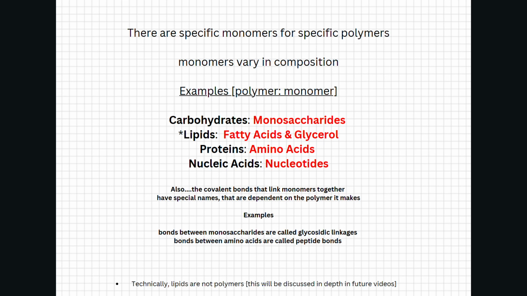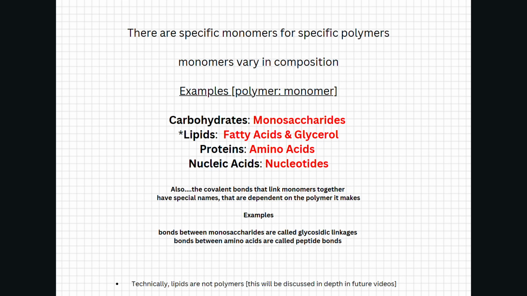Also, it's important to note that the covalent bonds that link monomers together have special names, and they're dependent on the polymer it makes. So for example, bonds between monosaccharides are called glycosidic linkages, and bonds between amino acids are called peptide bonds.